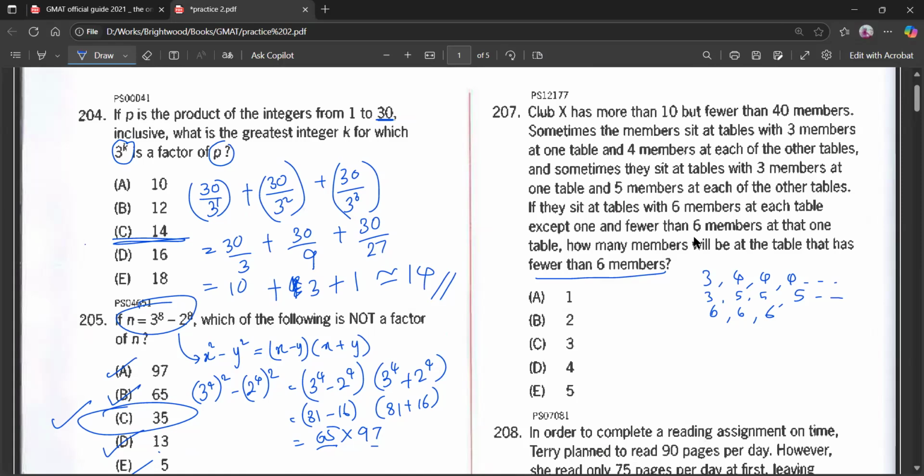When seated with 6 members per table except one, it should be 23 divided by 6. There are 3 tables with 5 members and one table less.